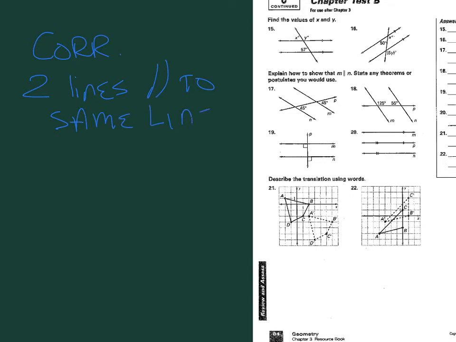That's going to be one of them. Or is it same side interior? Or is it perpendicular lines? Those are your choices. Use that as like a word bank for 17, 18, 19, 20, okay?